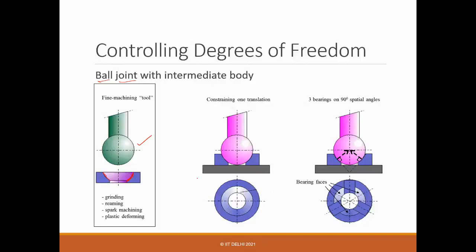So if you have to get this, then okay, you go for grinding, reaming, then spark machining, and even later you also rely on some plastic deformation. So you also assume that once it's sitting in the hole, there will be some plastic deformation and it will completely fit there. But of course, the problem will also be in terms of performance because of the friction. They are contacting surfaces, so there will be a lot of issues, right?